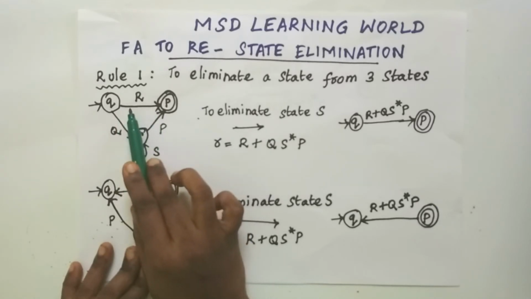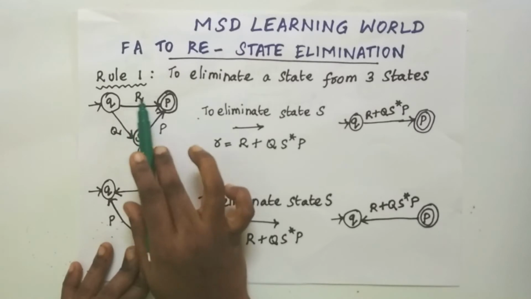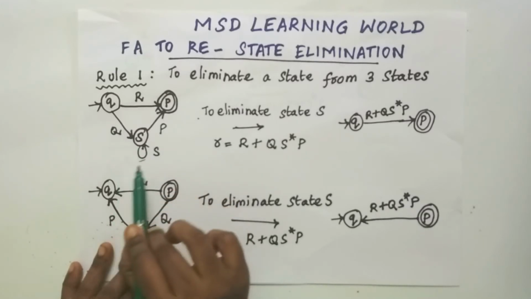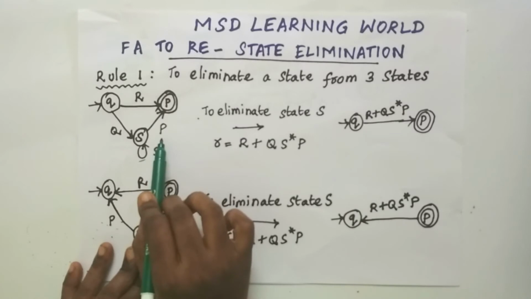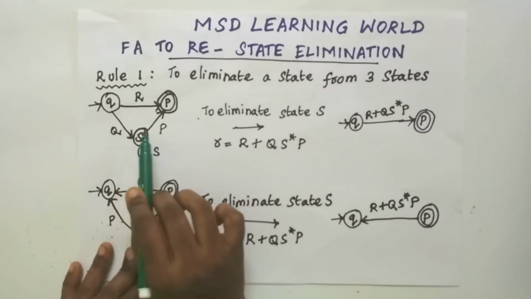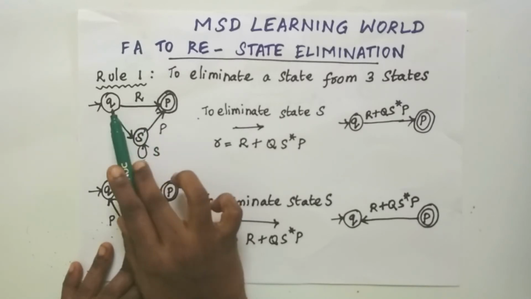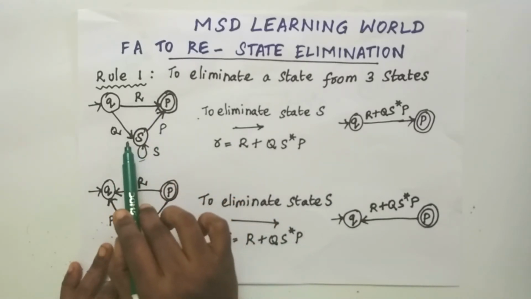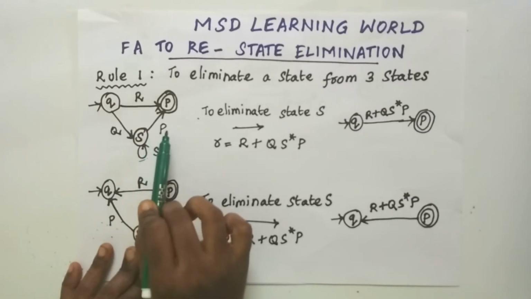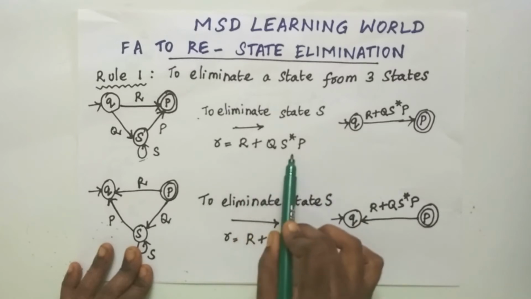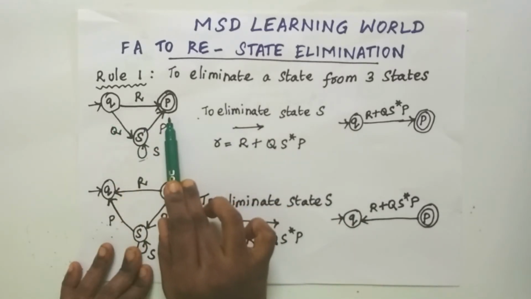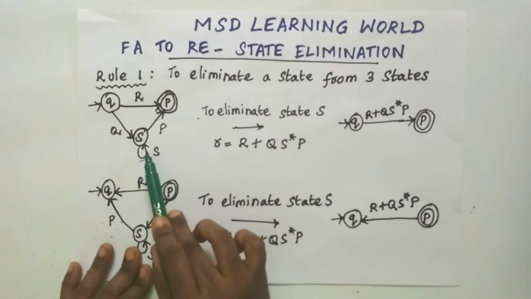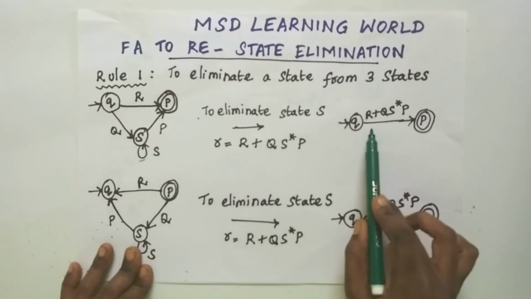So you will have the transition from Q to P, and that input is going to be R. For the transition from Q to S, the input is going to be capital Q. The self loop transition input is going to be S. And from S to P, the input is capital P. So to eliminate the state S, the single regular expression from the state Q to P is small r equal to R plus Q concatenation S closure concatenation P. This is a single regular expression from the path Q to P, and this will be placed as the input for the transition, and you can eliminate the state S. And this is the formula.